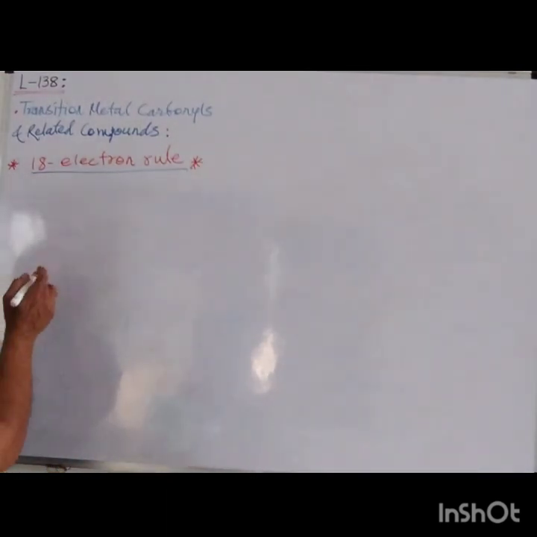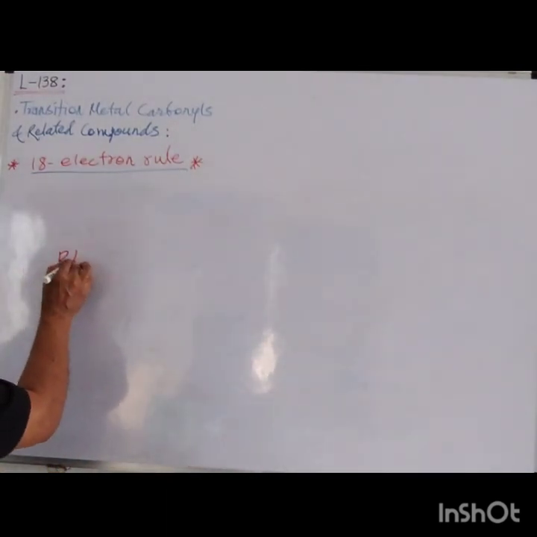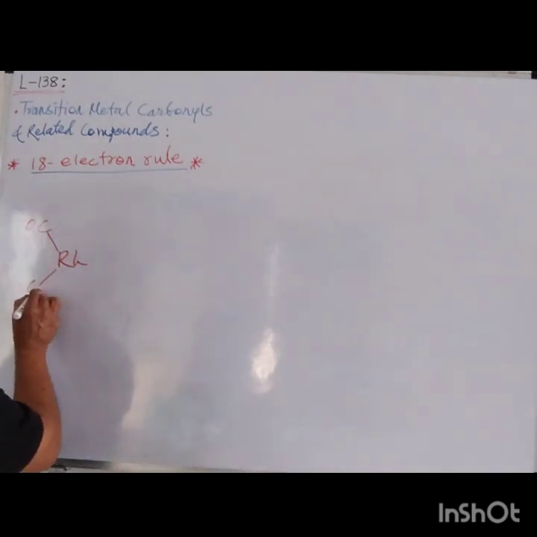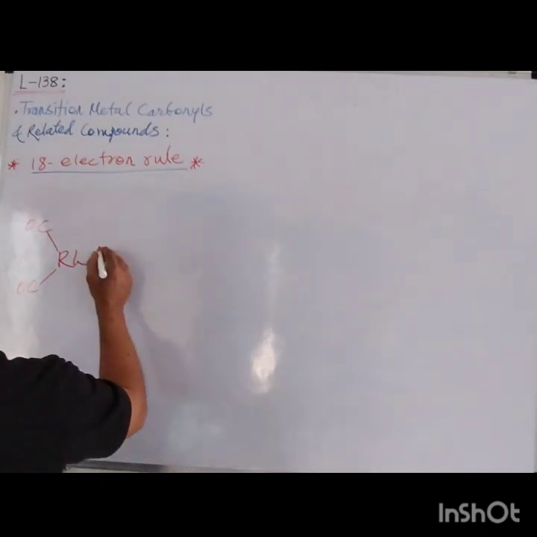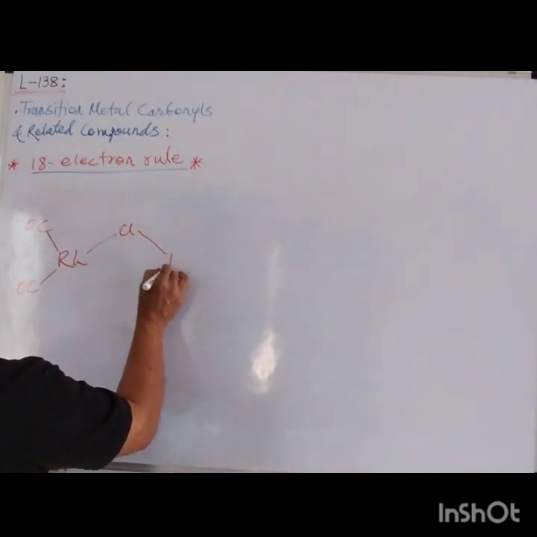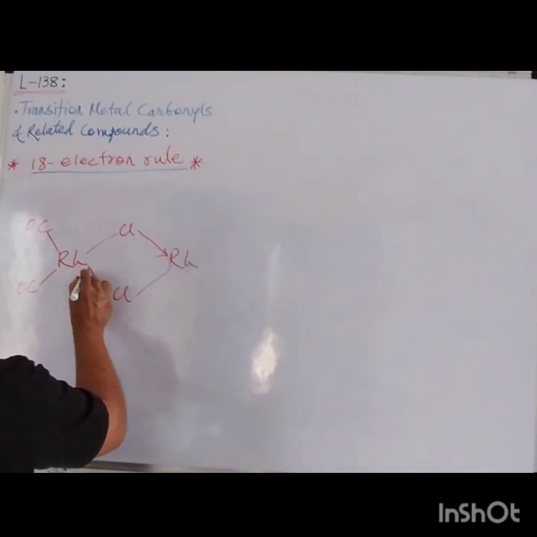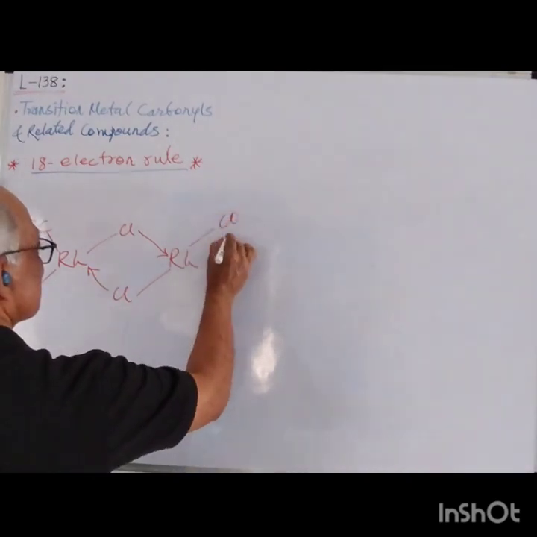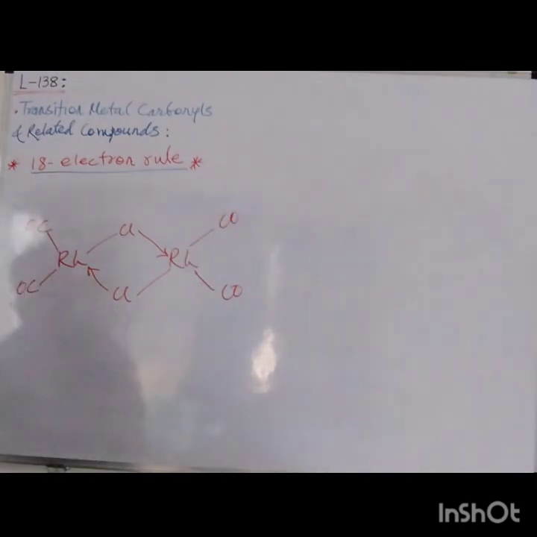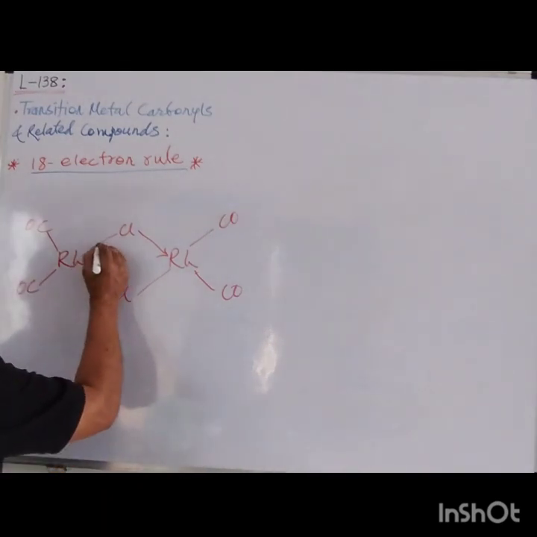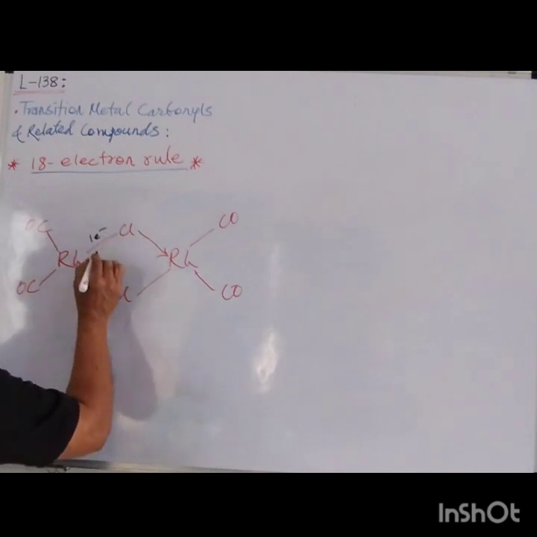Then the next example is an important example, that is RhCl. We have this CO, then Cl, Rh, like this, CO. So here, this Cl contributes 1 electron.